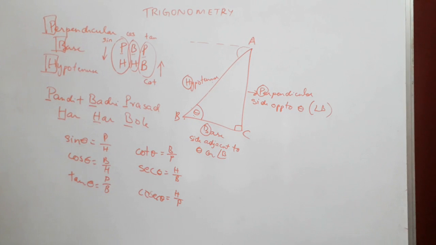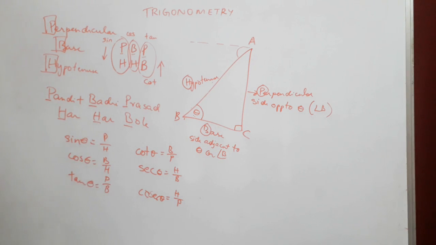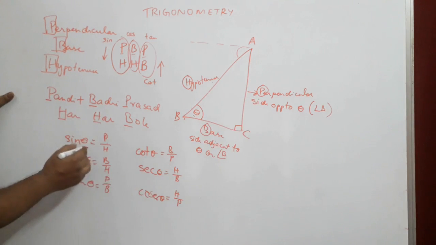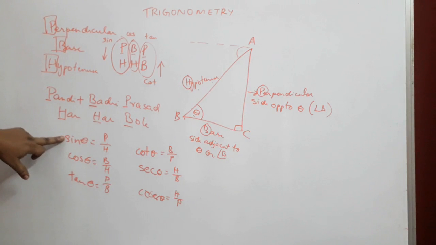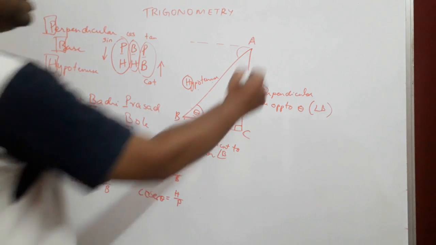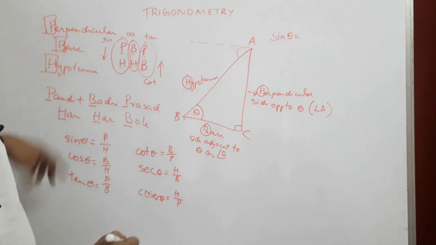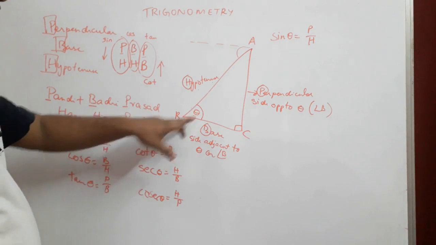Now what is this P, H, B, H, P, B? Once again we'll go back to where we got this P and H and B from. What is P? P is this perpendicular. H is what? Hypotenuse. Which means what is it trying to tell us? What is sin theta actually? See, sin theta we got from our Pandit Badri Prasad as P upon H. What is P?